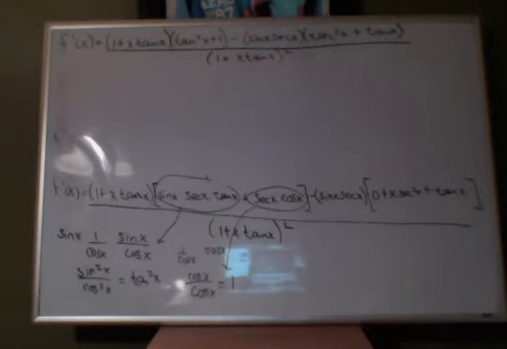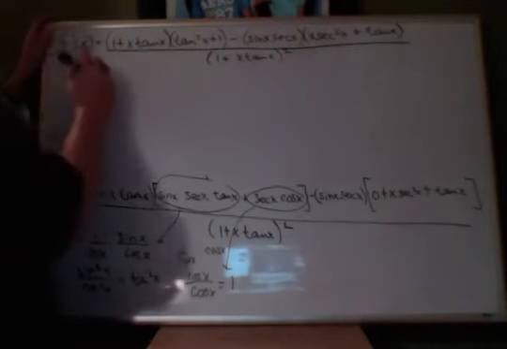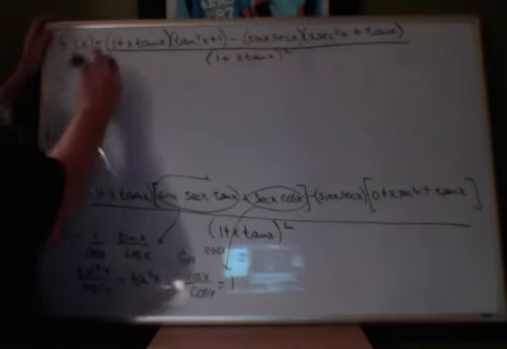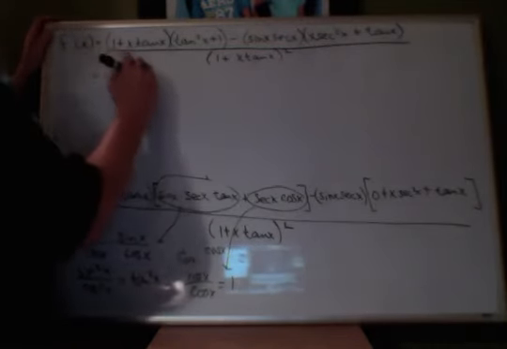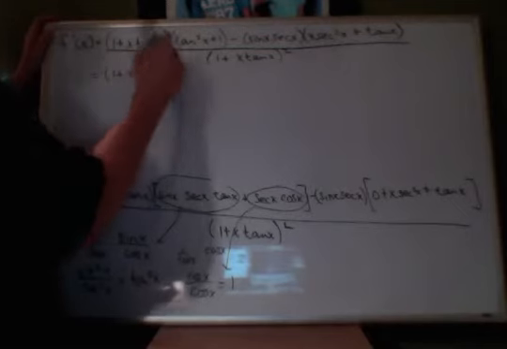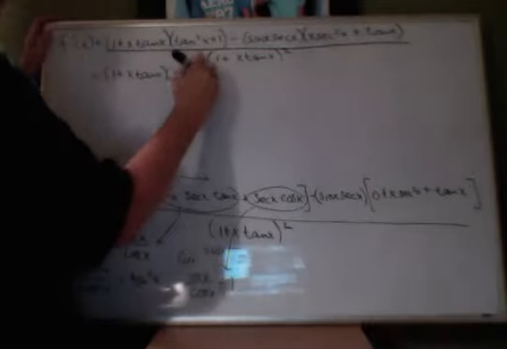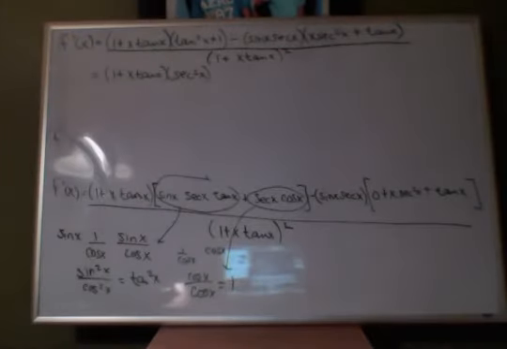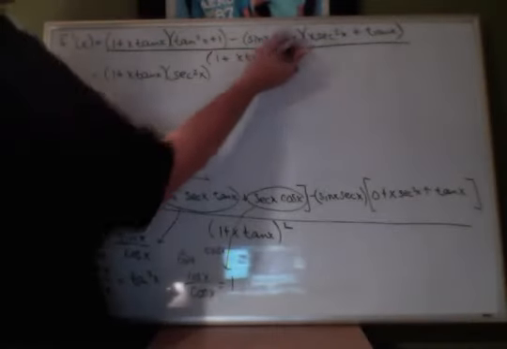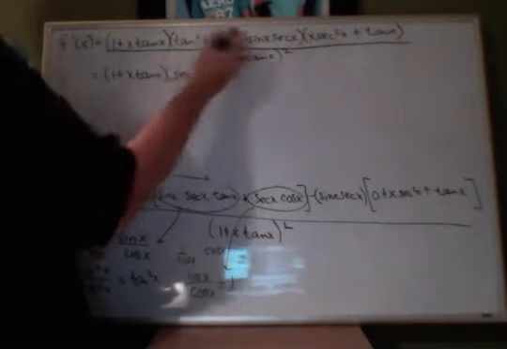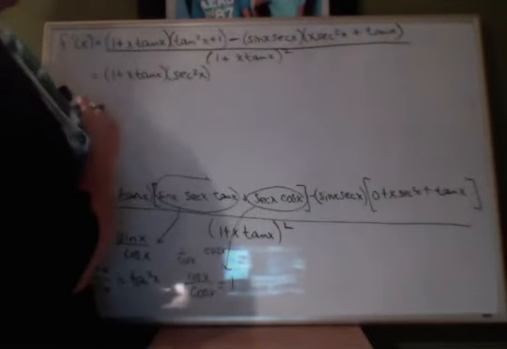Okay, again, recalling our trig identities that we used earlier, we have 1 plus x tangent x. Tangent squared plus 1 is secant squared. So we're going to make that substitution. And then we're also going to distribute this sine secant to the terms inside here, keeping in mind that we have a minus sign here.